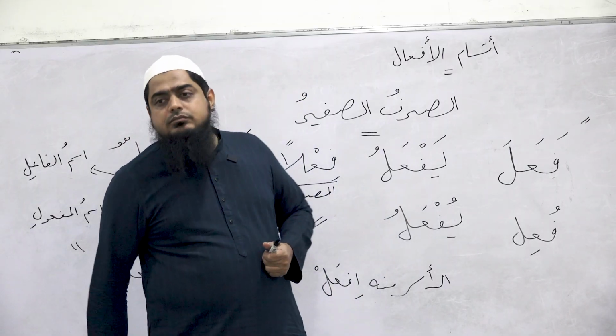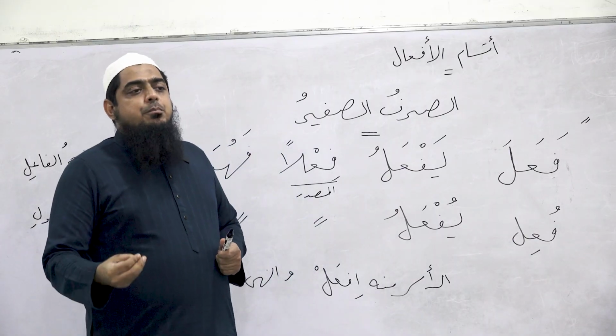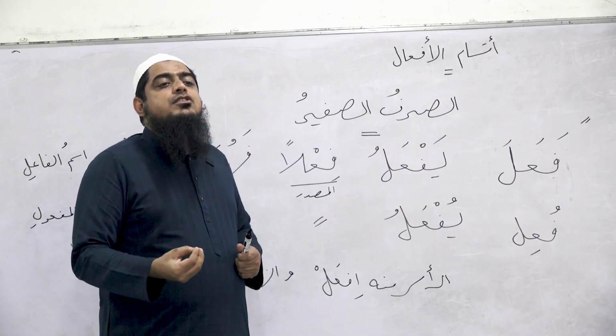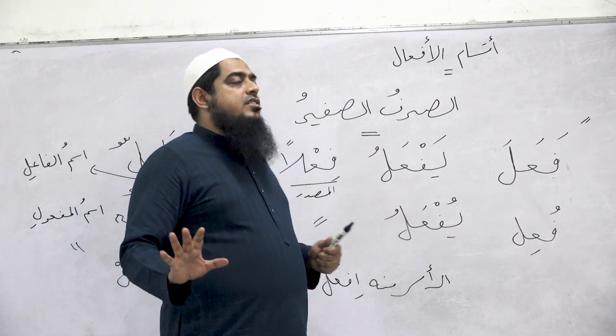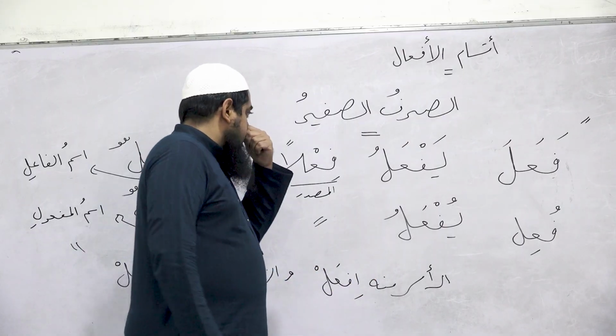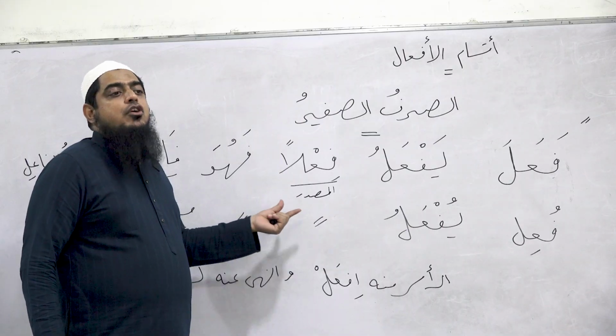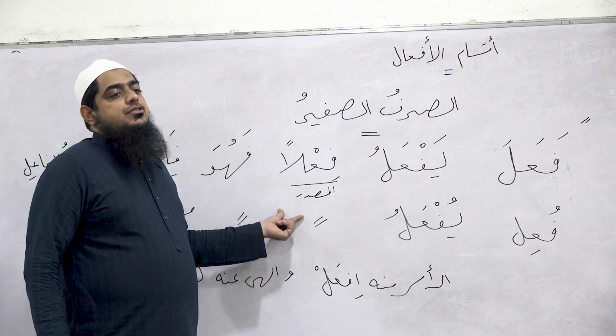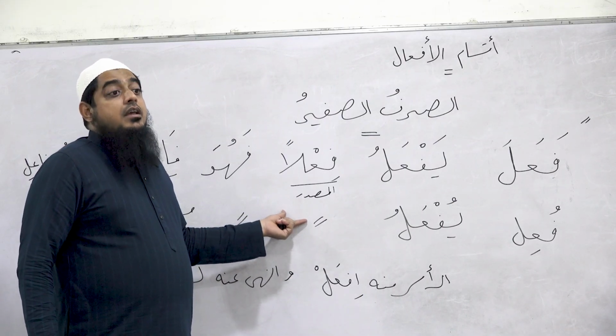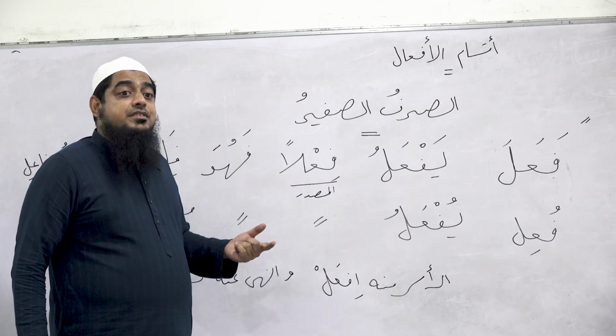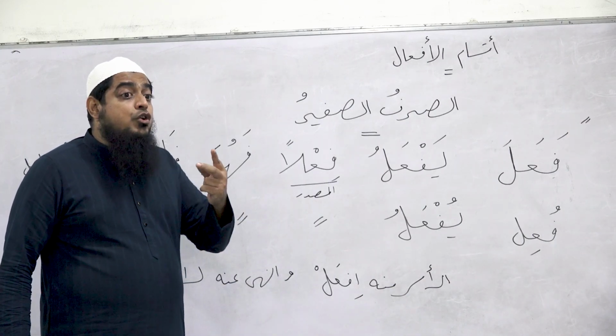Abniya meaning awzan. Both are said. Some people say binaun, some say waznun. Same meaning. Now, this masdar is something you have to memorize always, especially in the starting stage. Okay, sometimes some ism will have more than one plural.